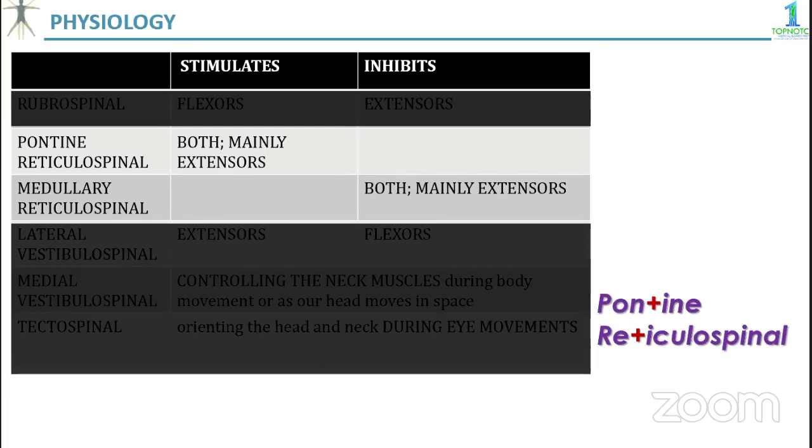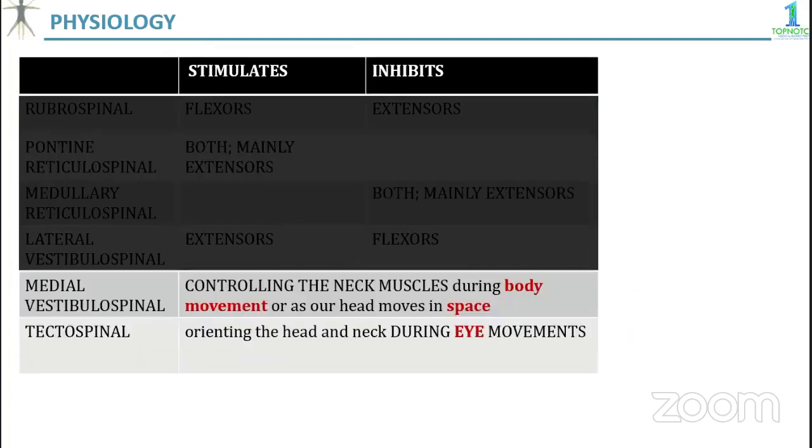Opposite niya si medullary reticulospinal tract. Okay? So I'm just showing you possible ways on how to recall this mga certain diagrams and certain tables. And then yung natitira is you have your medial vestibulospinal and then your tectospinal. Tectospinal is orientation of head and neck during eye movement, and then medial vestibulospinal tract is controlling the neck muscles.